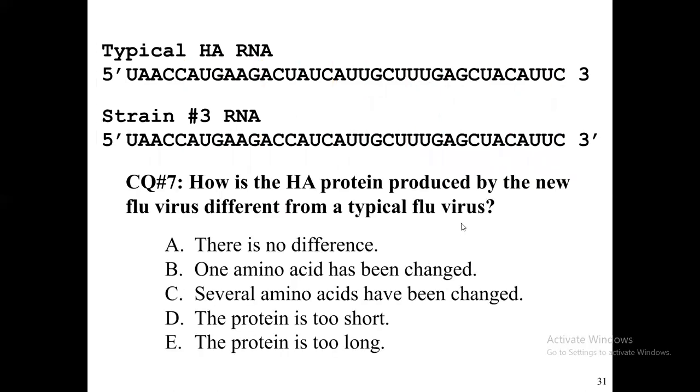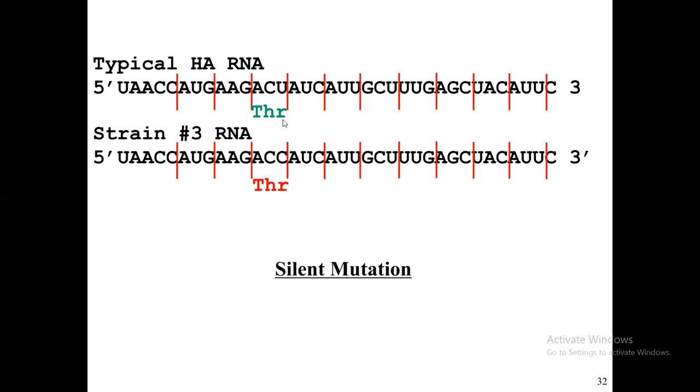Strain 3. I do believe it's a change over here. That CUA has become CCA. Again, pause the video if you want to work it out for yourself. Now here we have that ACU and ACC both code for threonine.